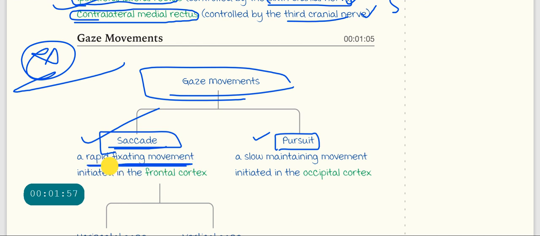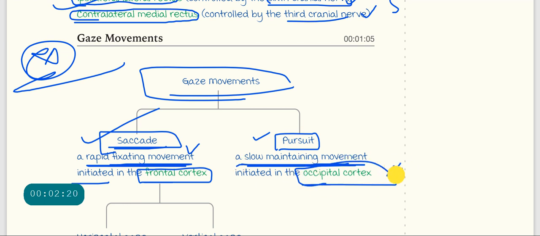Remember, it is a rapid fixating movement and it is a slow maintaining movement. Okay, so a rapid fixating movement which is initiated in the frontal cortex. Okay, this is saccade, and the pursuit is the slow maintenance movement which is initiated in the occipital cortex.